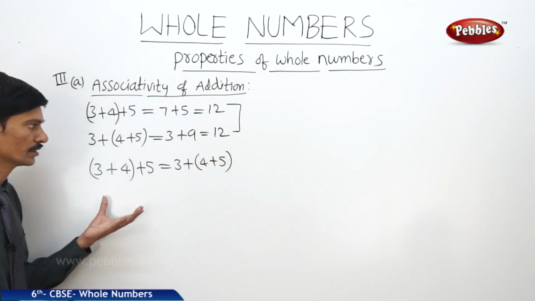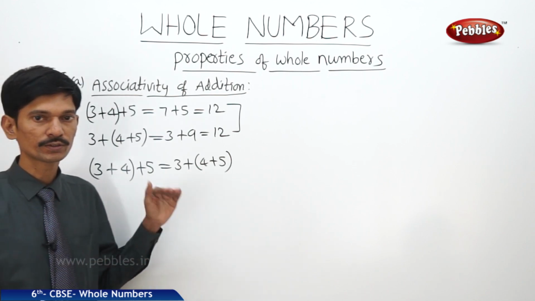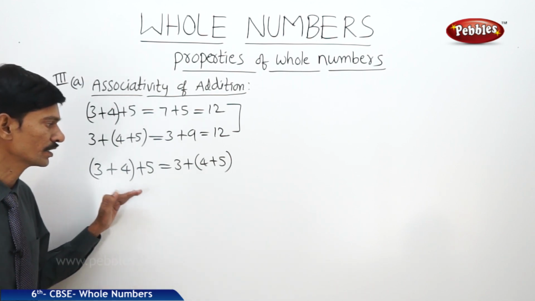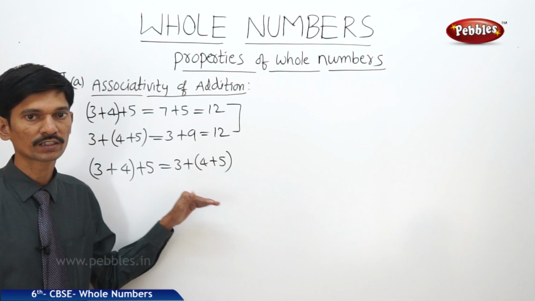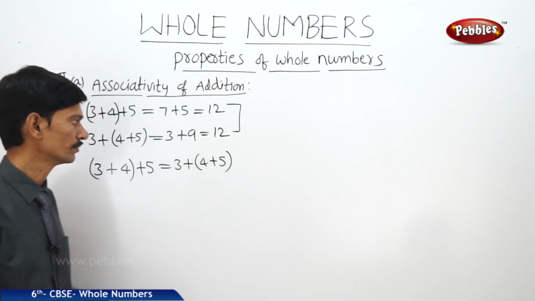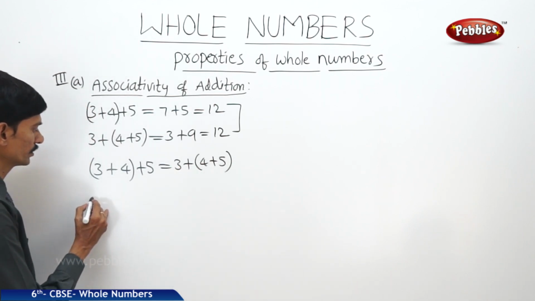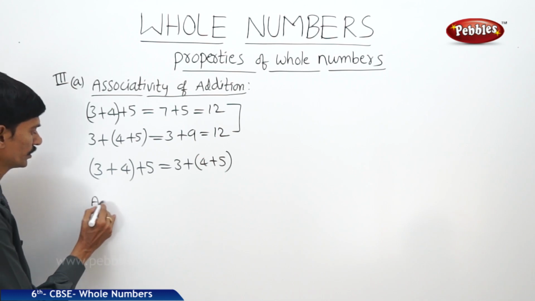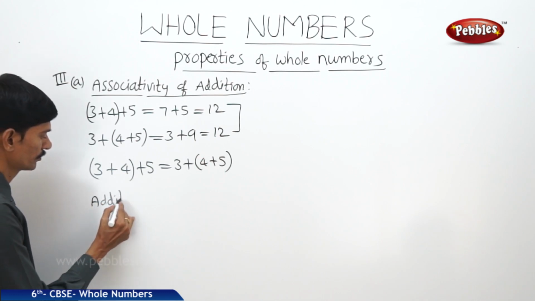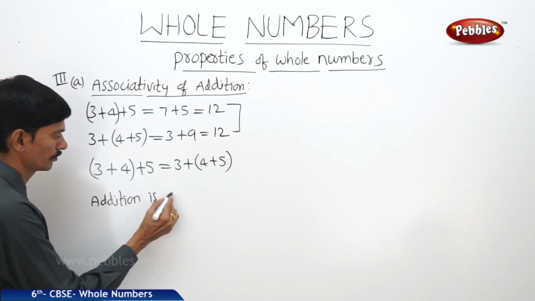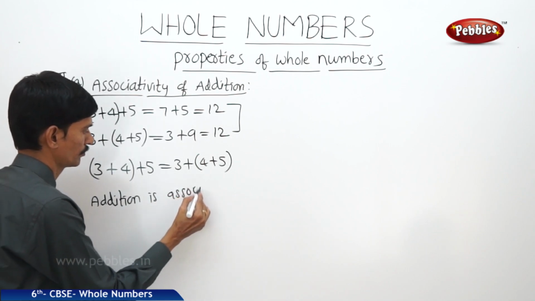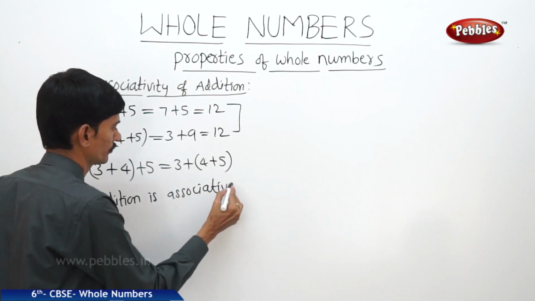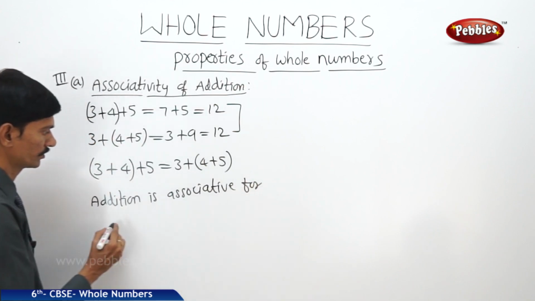So in three whole numbers, if you add any two whole numbers and the third whole number is added to the sum, still we get the same sum. So we can say that addition is associative for whole numbers.